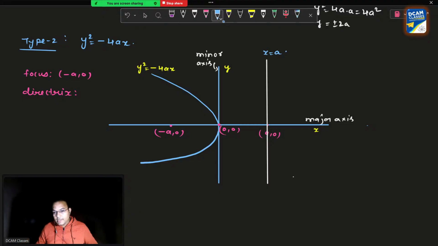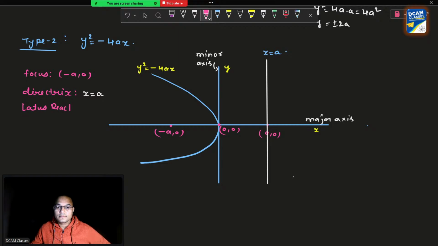Acha, now tell me what will be its latus rectum? It would be 1. No, that's eccentricity. Correct. Eccentricity is 1 for all kinds of parabola.